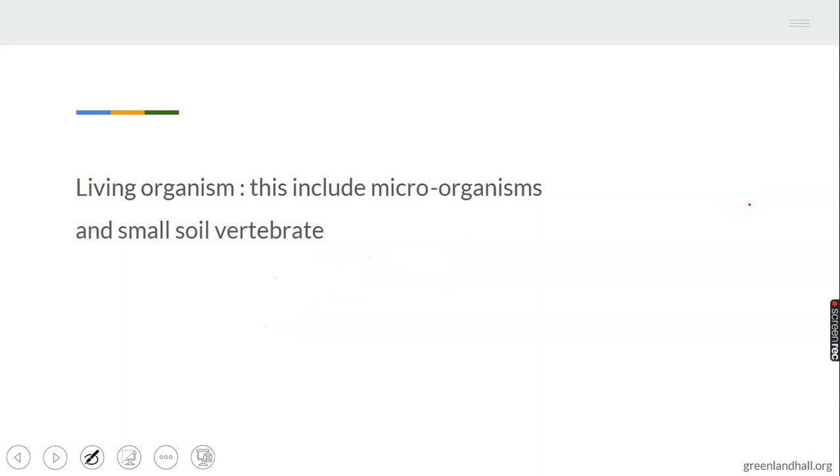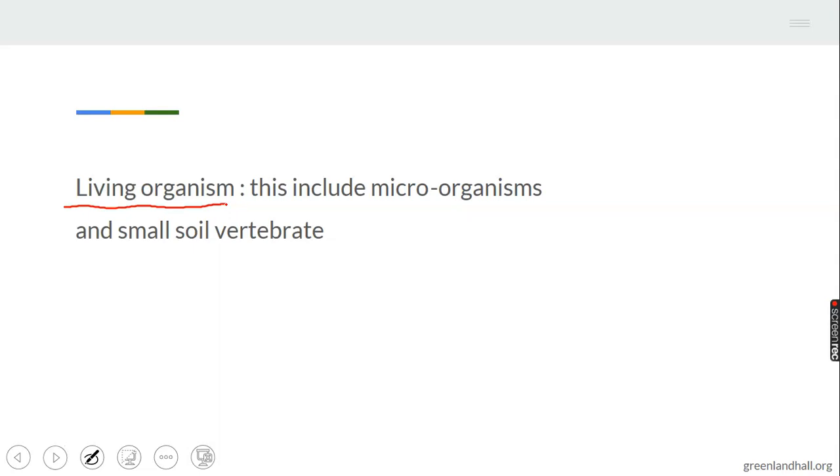The next one is living organisms, which include microorganisms and small soil vertebrates. The range is from microscopic organisms to bigger organisms.